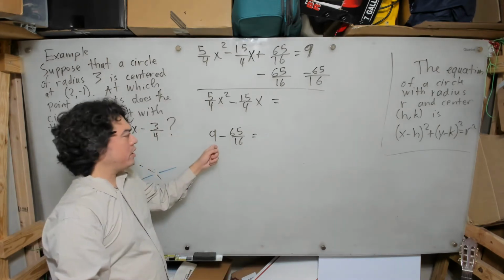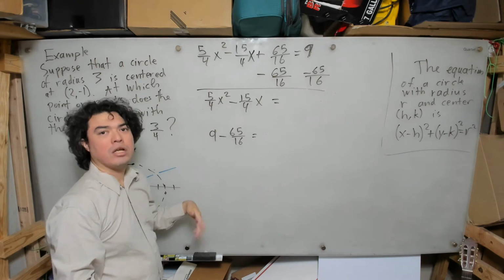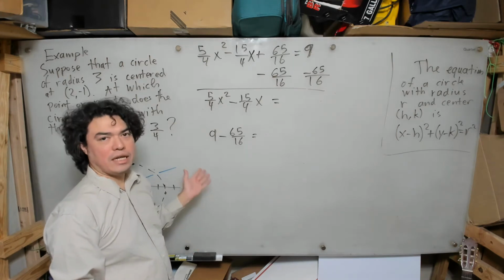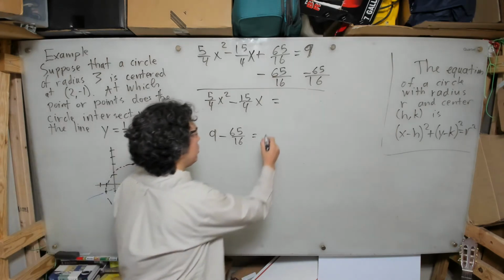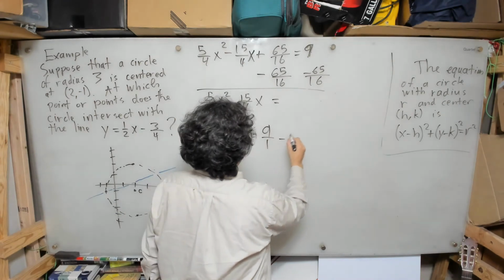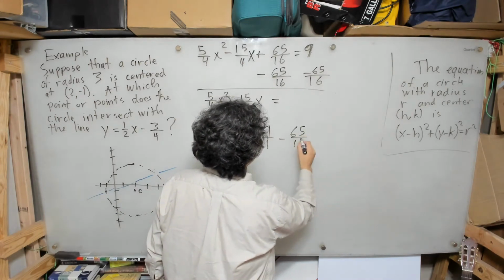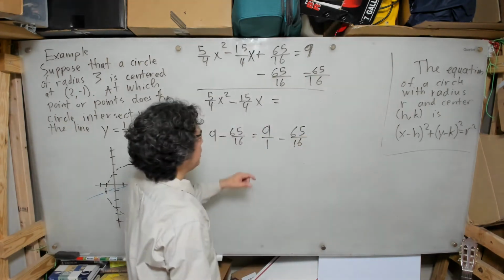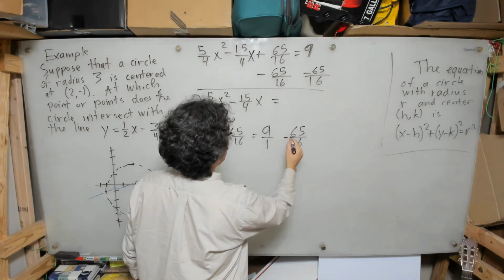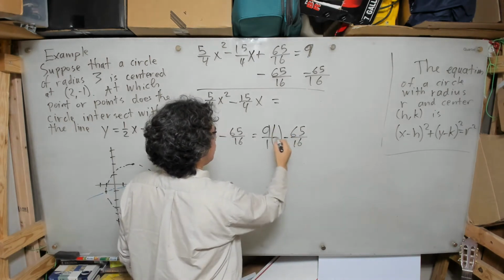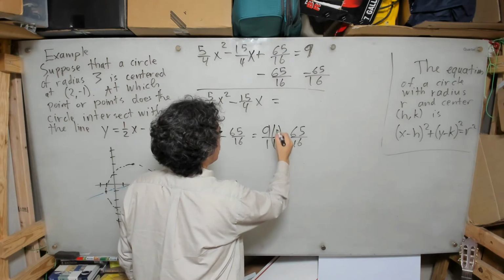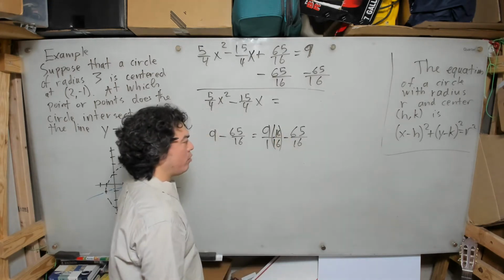Same story. The 9 is not a fraction. I need to set it as a fraction. So I'm going to set it as the numerator and 1 as the denominator. 9 over 1 minus 65 over 16. Now here, I'm going to need to put this over the same denominator. So just as before, I'm just fortunate that I can use 16 for the top and bottom here.